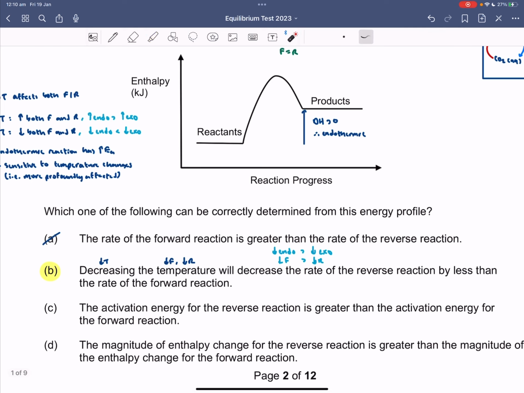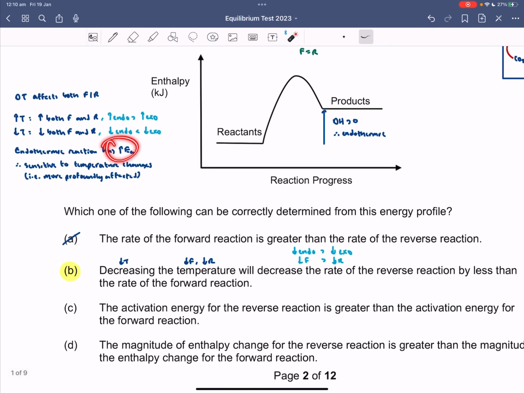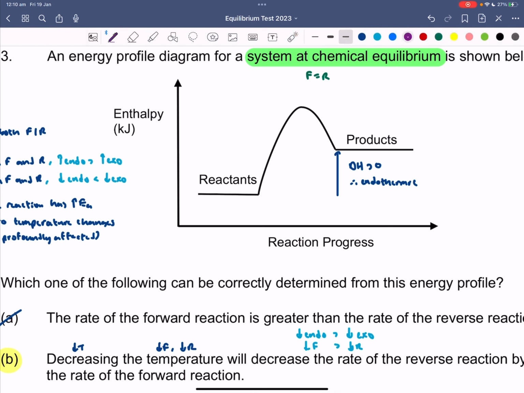The activation energy for the reverse reaction is greater than the activation energy for the forward reaction. That's not true. First of all, we should always know that the endothermic reaction has a higher activation energy. And just for the purpose of learning, this is the activation energy, it should start at the bottom. This is the activation energy for the forward reaction, and that effectively is the endothermic reaction.